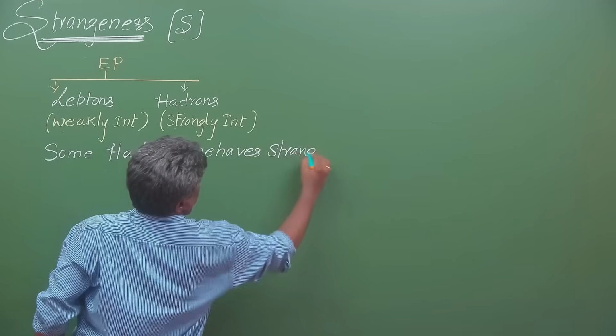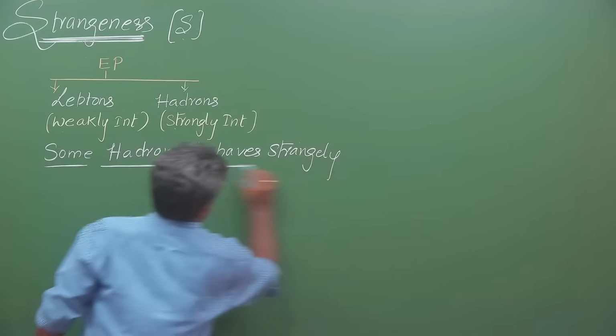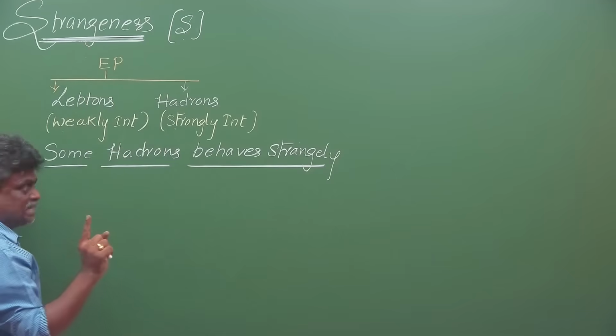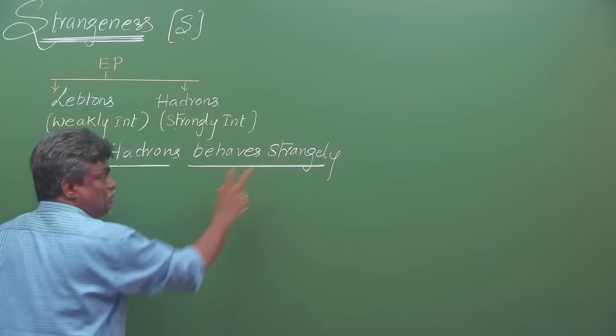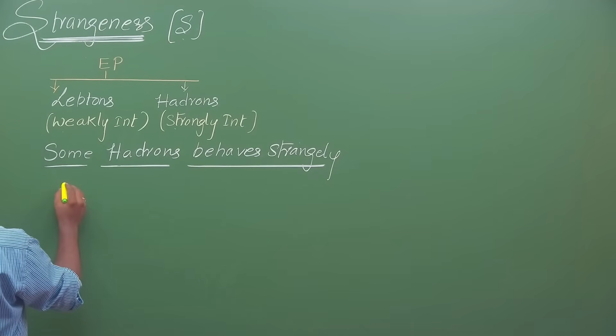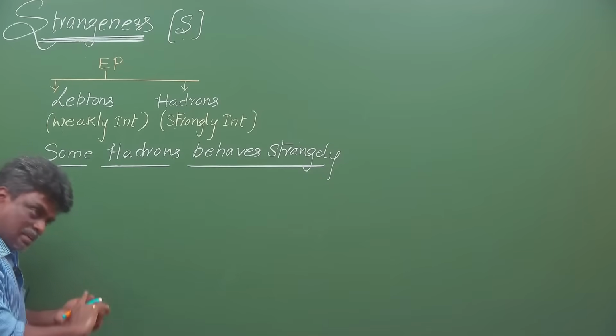What is that strange behavior? Let us see. I hope now you understand. All hadrons are not strange particles. Only few hadrons are behaving strangely. What are those hadrons? Very important. Hadrons means what? Mesons as well as baryons.